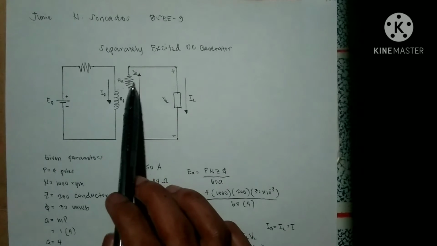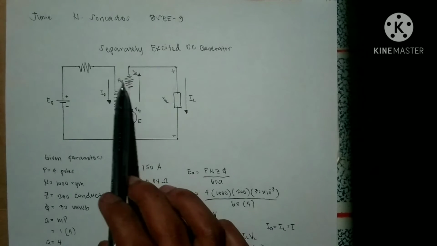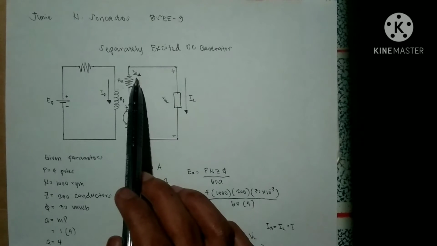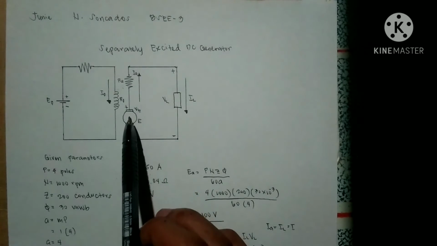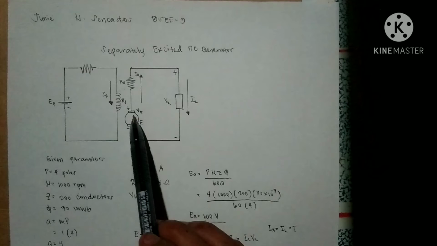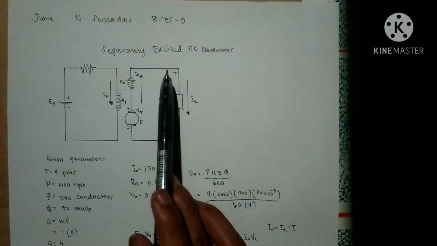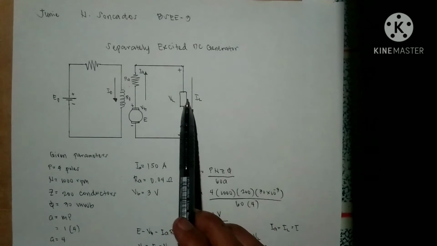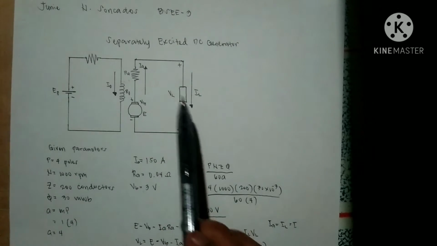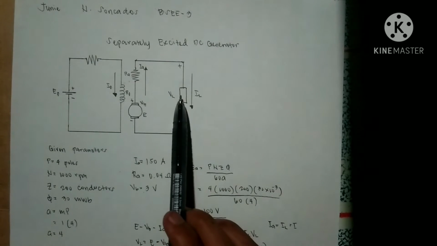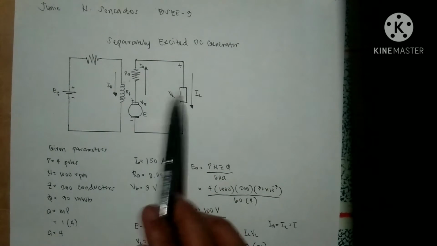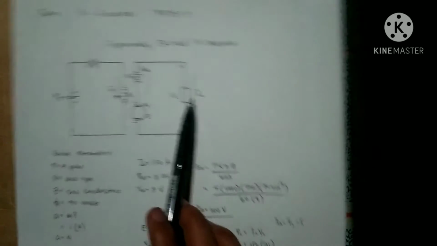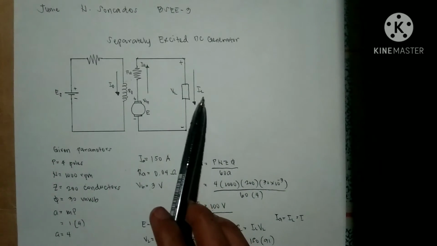This is the armature resistance and the armature current. Here is the terminal voltage, the VL. And also we can calculate the power delivered here.